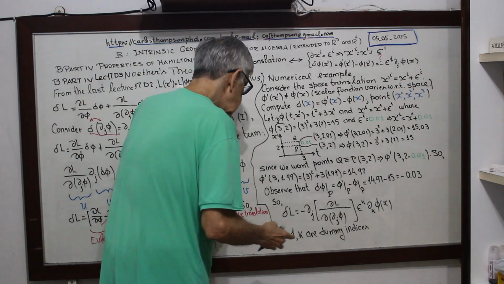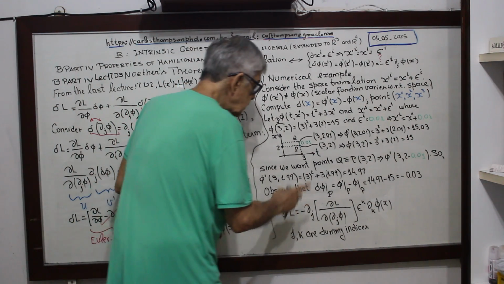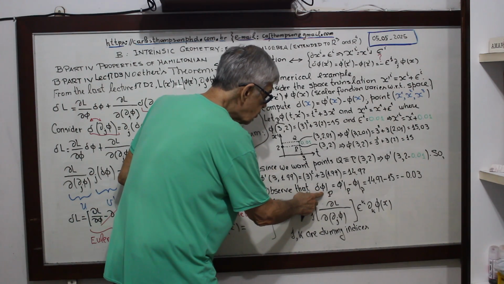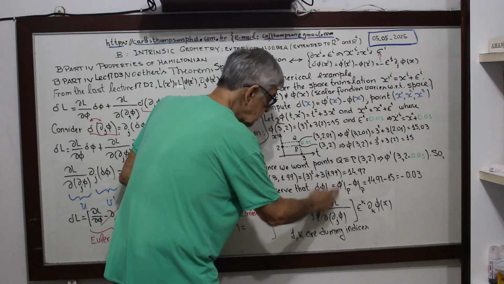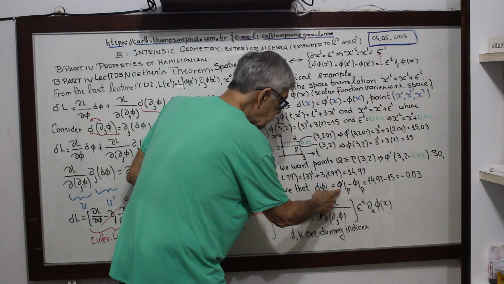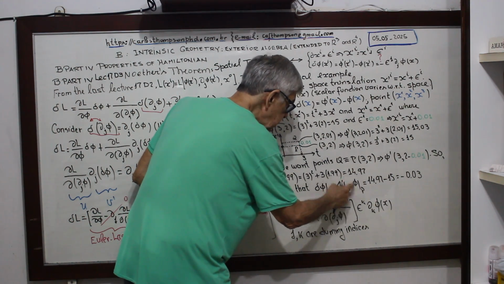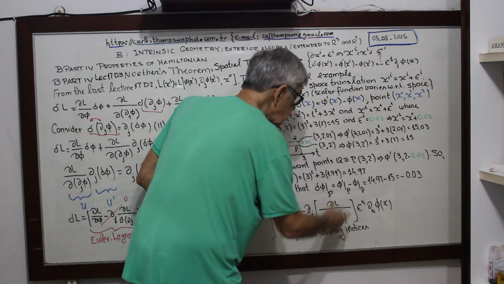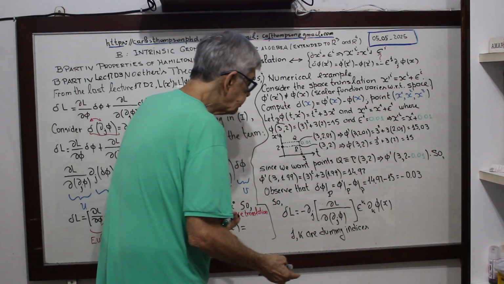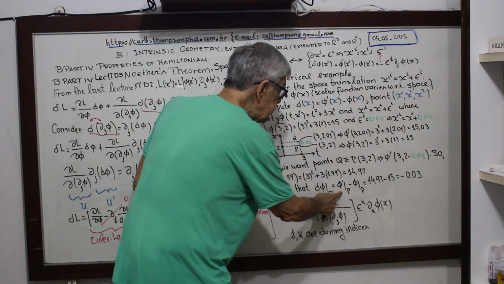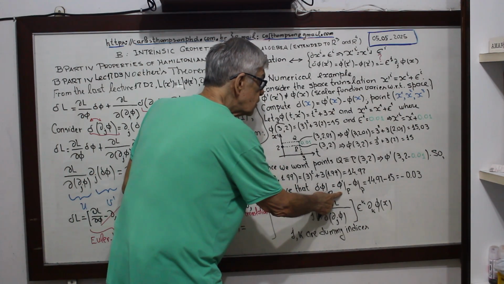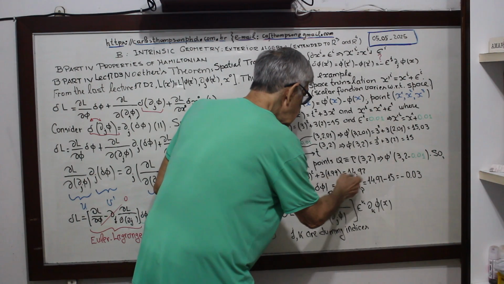So, in this case, observe that, you see, the variation of phi at P is equal to the variation phi prime at P minus phi of P. So, phi prime of P is just this number over here.